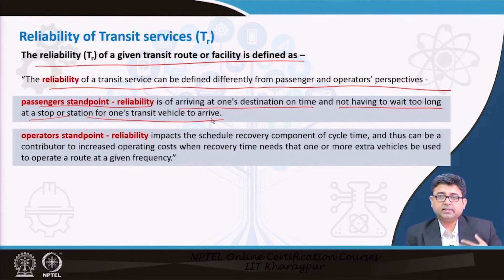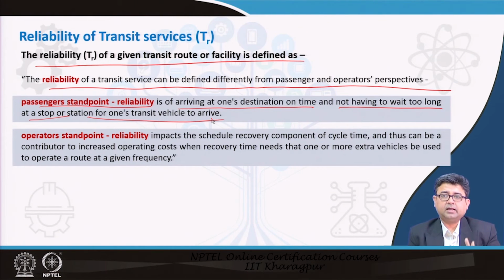So, reliability is that every day if I come here at 9 a.m., I will get bus number 246, for example. That is a reliable transit service from the point of view of a passenger or user.